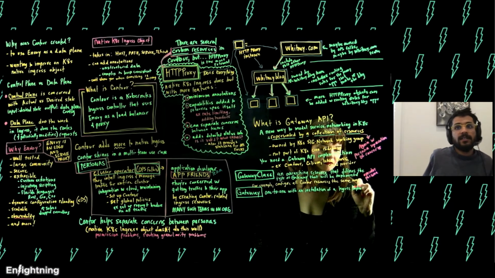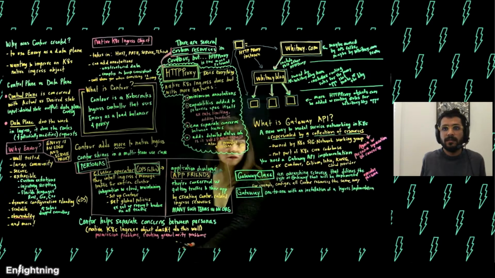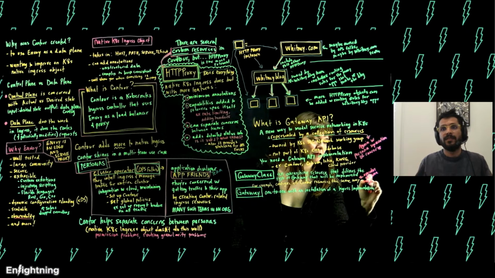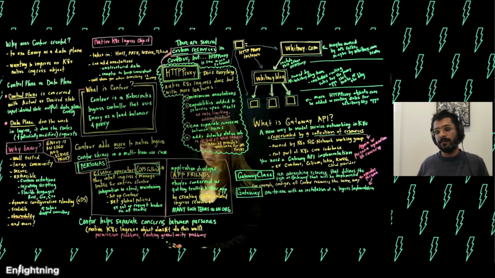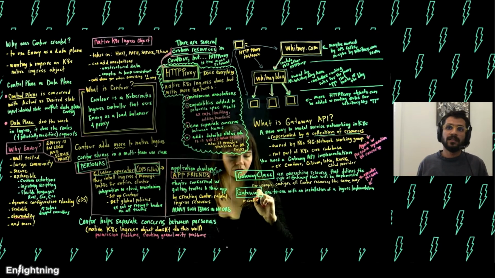So in the context of Contour, that will mean that you get a control plane and a data plane configured, and as part of configuring a gateway, you start to be able to specify what address you want this gateway to listen on.